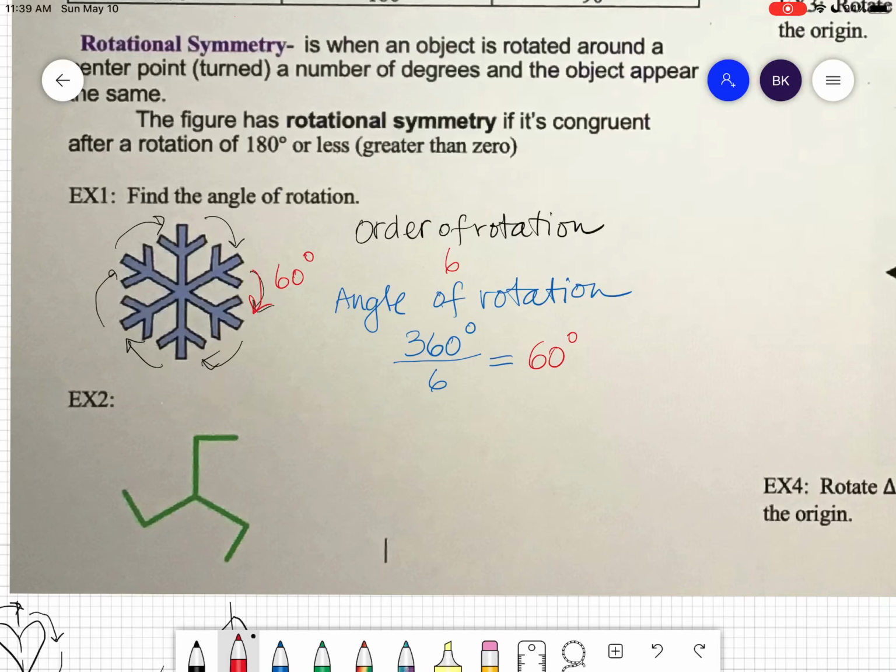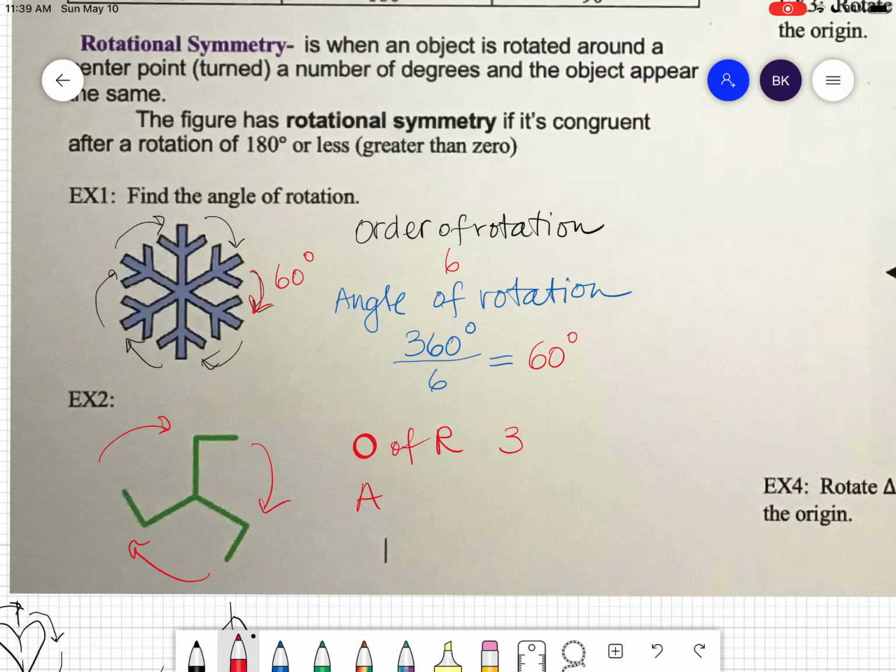In our next example, ask yourself, does this object have rotational symmetry? Pause me, figure this out, and let's compare our answers. I can see that I can turn this object 3 times for it to look the same: 1, 2, and 3. So the order of rotation is 3.